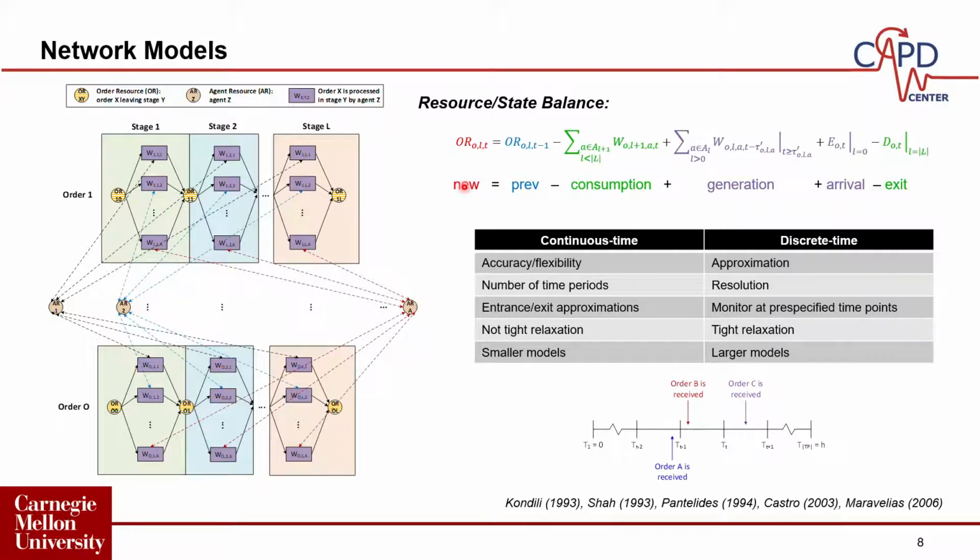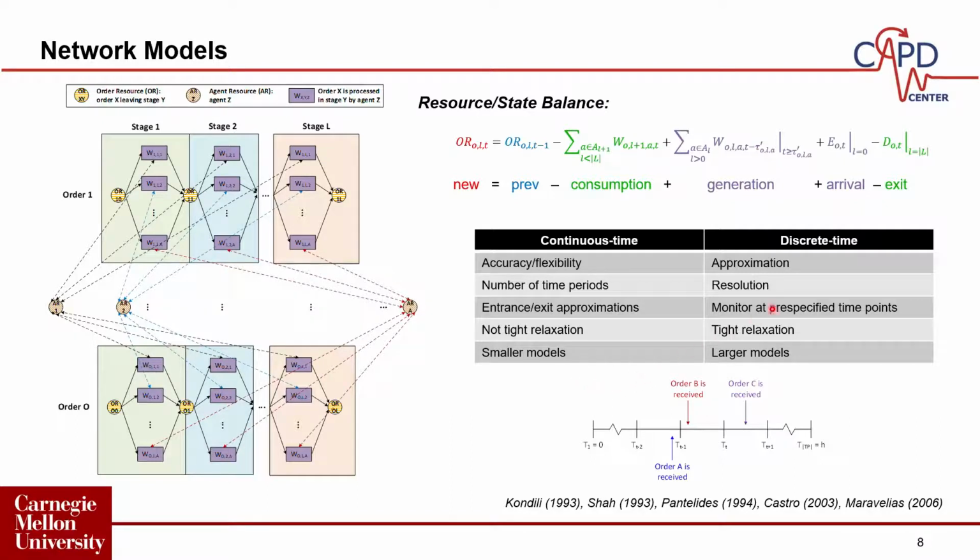This leads to doing some sort of approximation when you have entrance or exit of resources or states. So for instance, if order A is arriving between these two time points, you need to do some approximations to assign it to one or the other. A disadvantage of the continuous time models is that the linear programming relaxations of these models are not tight. However, these models are smaller.